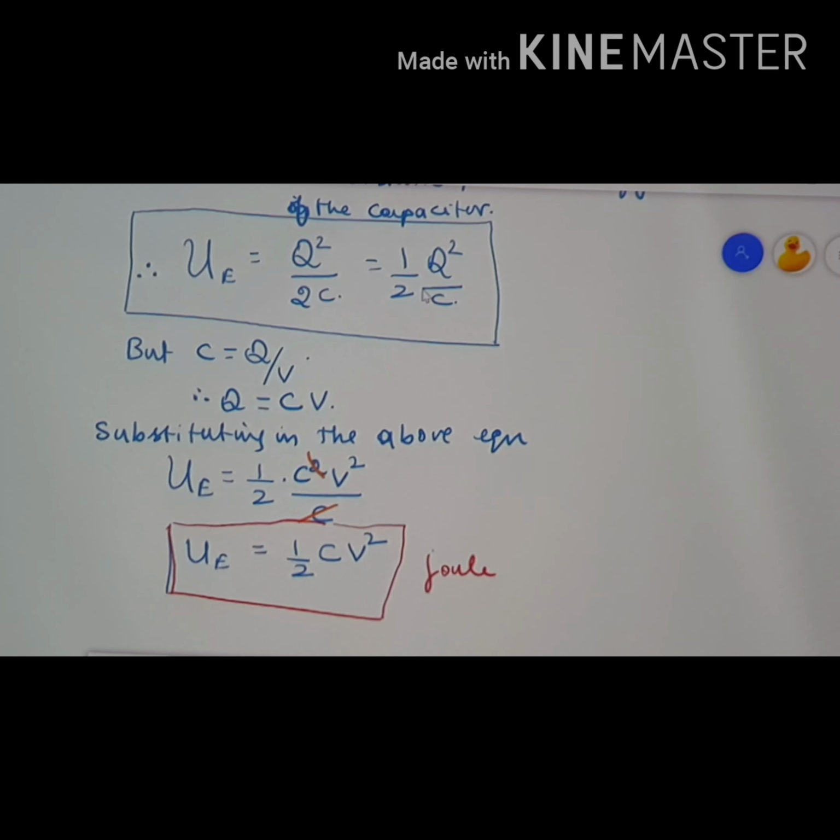Instead of Q, I have substituted CV, and cancelling that value, I have got the expression for potential energy as half into CV square. From this expression, it is clear that potential energy is directly proportional to the capacitance of the capacitor and directly proportional to the square of the potential V. So, this we are calling the expression for the energy stored in a parallel plate capacitor.